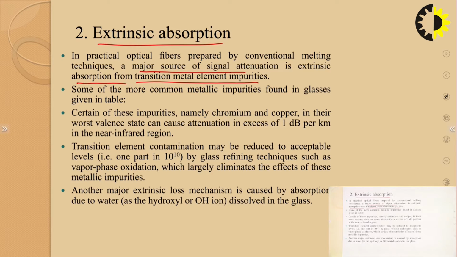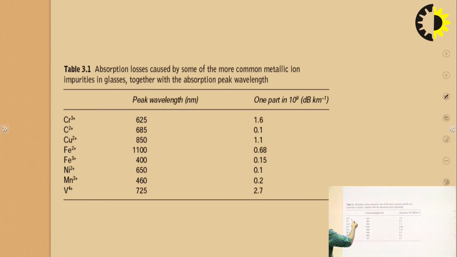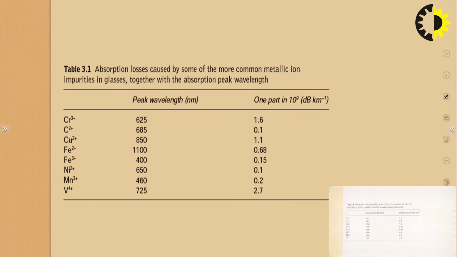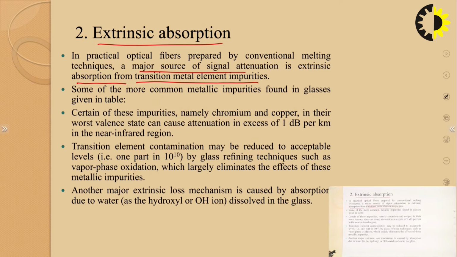Some of the transition metal element impurities are chromium, copper, iron, nickel, manganese. These are the transition metallic ions which cause absorption at a peak wavelength of 625 nanometer, and copper provides maximum attenuation at 850 nanometer, iron provides maximum attenuation at 1100 nanometer, clear?